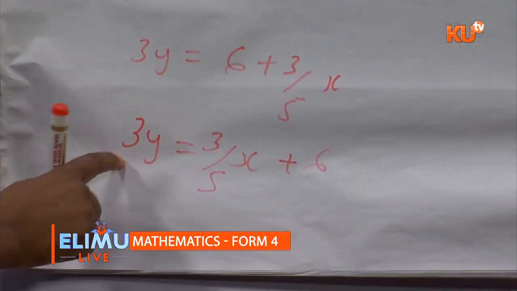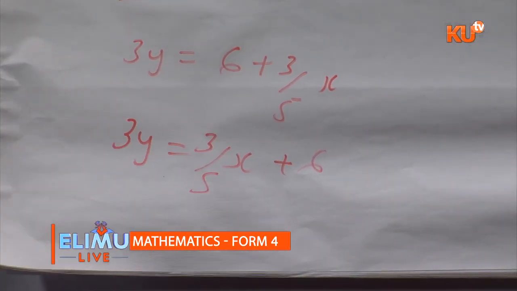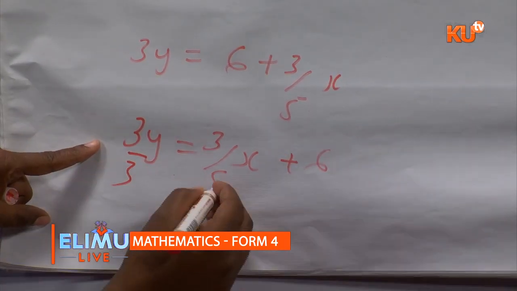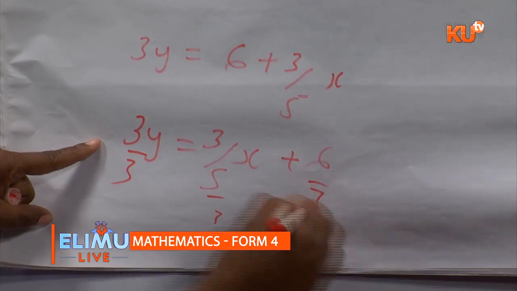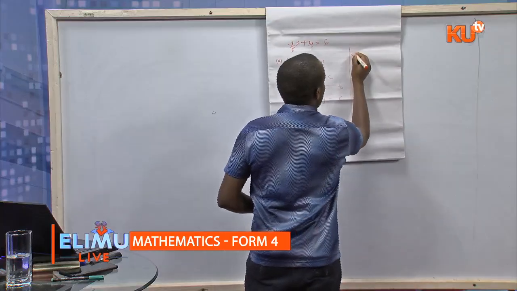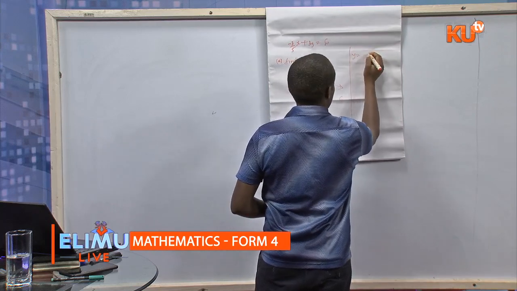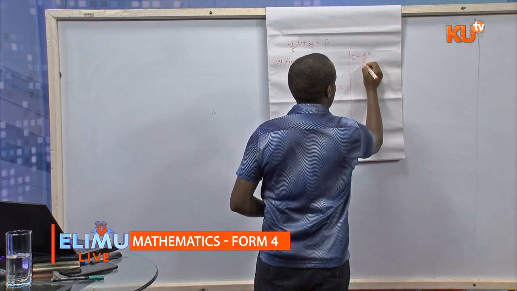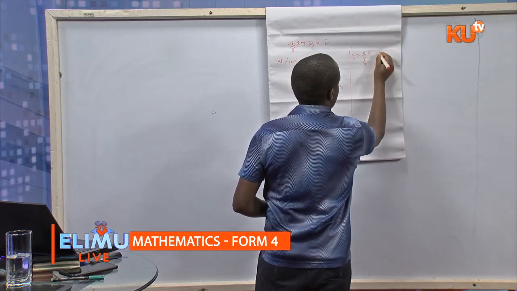You multiply through by 3 to make y the subject of the formula, so divide by 3. So y is equal to that x divided by 3 plus 3.